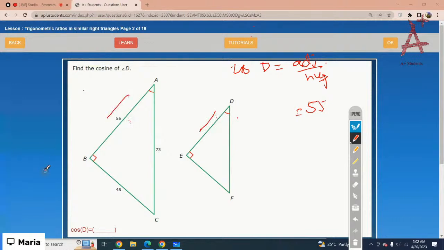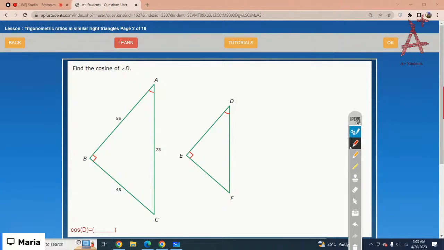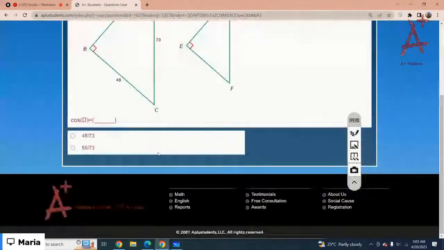It would be 55. And hypotenuse is AC, and here you have DF. It would be 73. It is 55 over 73. So the correct option is 55 over 73. Option number 2 is the correct option.